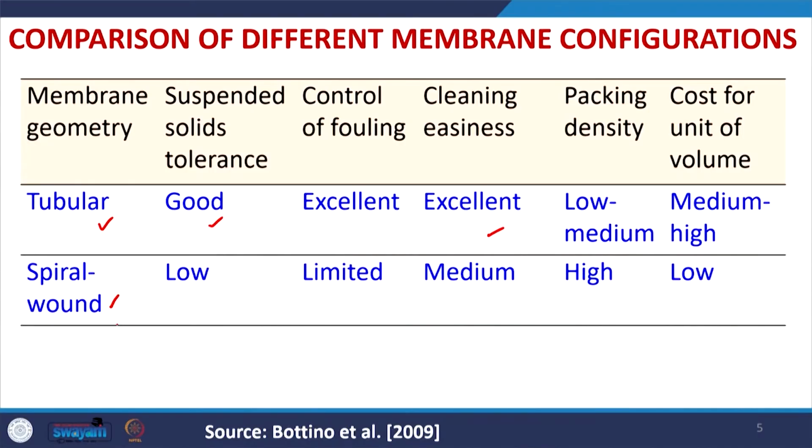These are a little bit limited in the case of the spiral wound module. Because of these good things, the cost is also medium to high for the tubular module membranes, and certainly the cost is lower for the spiral wound module.